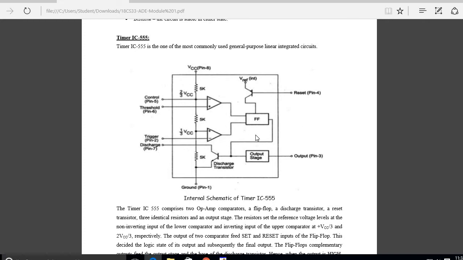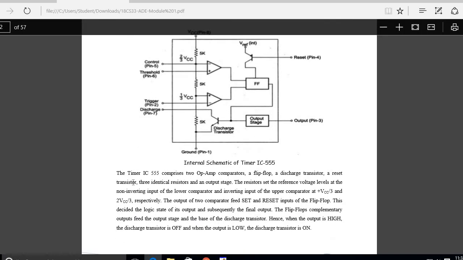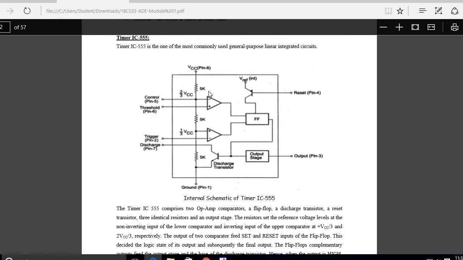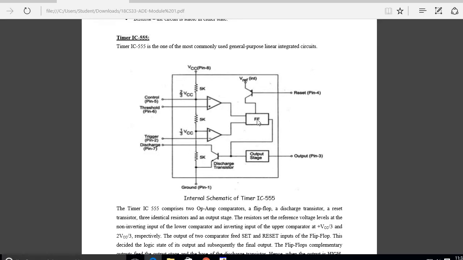The timer IC555 comprises two operational amplifiers and one flip-flop, a discharge transistor and a reset transistor, three identical resistors of 5 kilo ohms each, and one output stage. This is the schematic of the timer IC555.